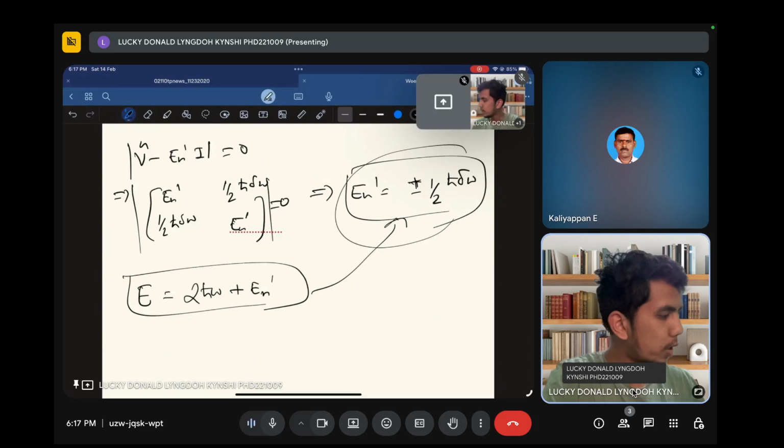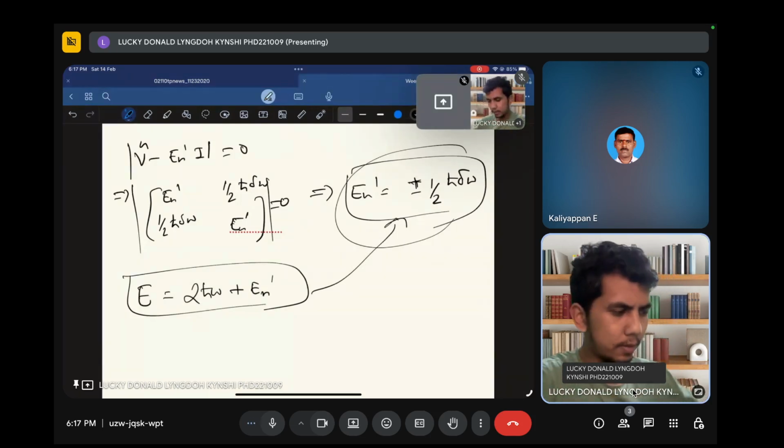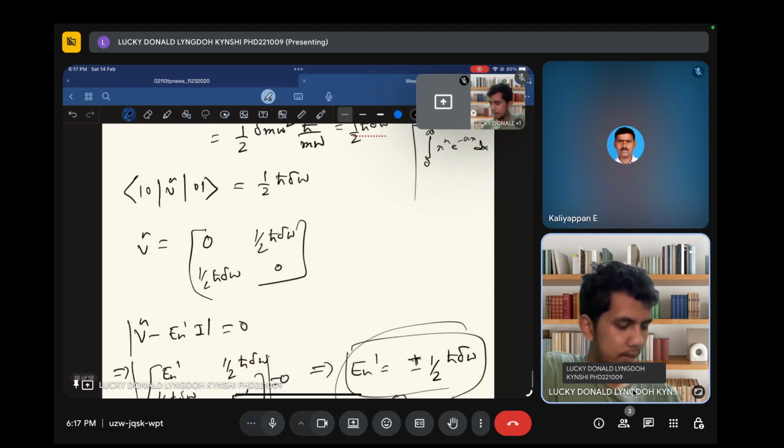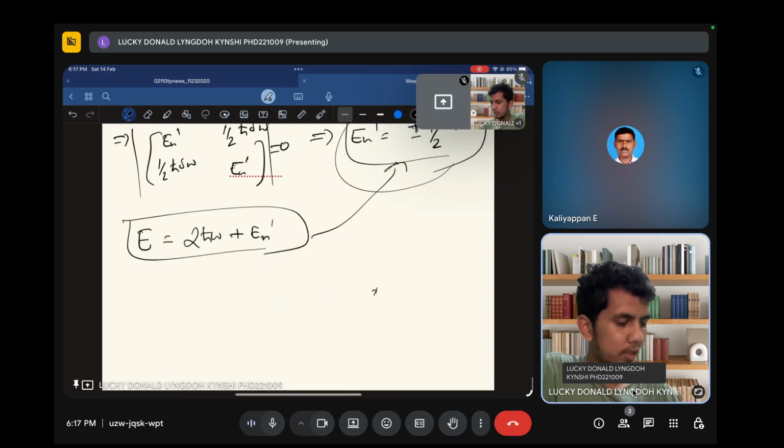Okay, so we have almost finished the perturbation part. So in the perturbation part, what you need to do mostly is, the question usually asks how to solve the first order energy correction. Okay, first order correction, that means you just solve the equation which is already there.